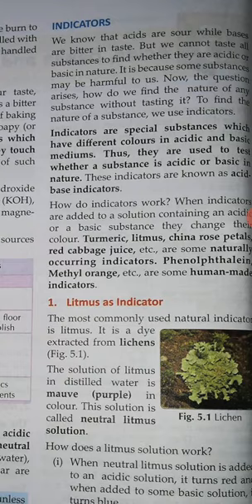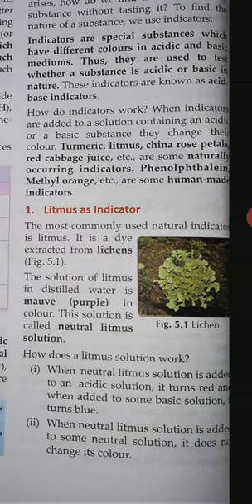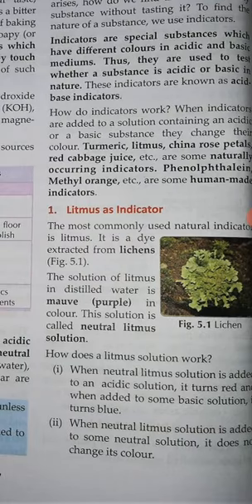Coming to natural indicators, like litmus. Litmus is an indicator. Actually, this litmus is extracted from lichen. This lichen generally grows on the bark of a tree. From this lichen, litmus is extracted, and we use it as an indicator.